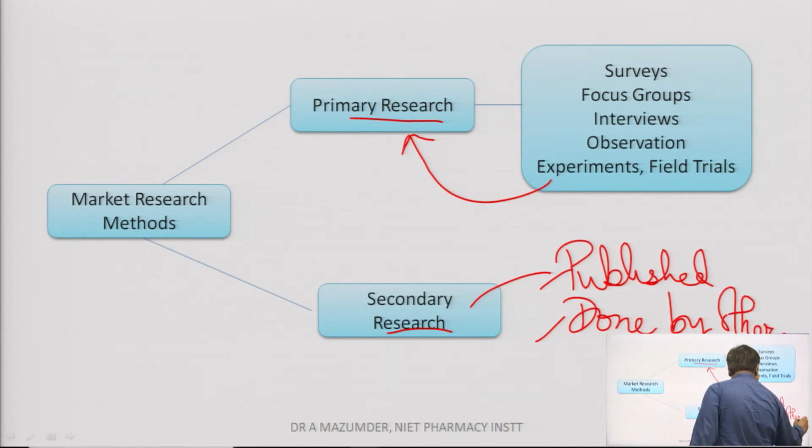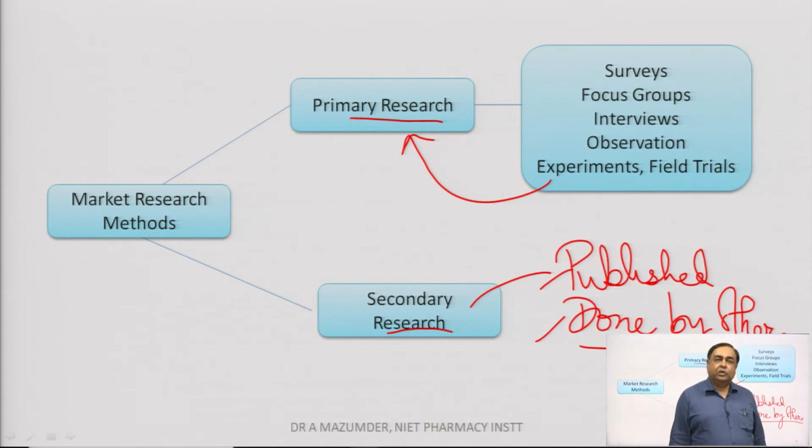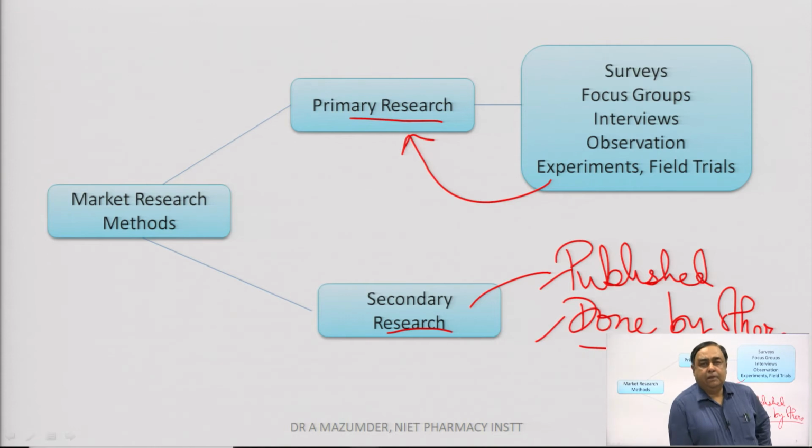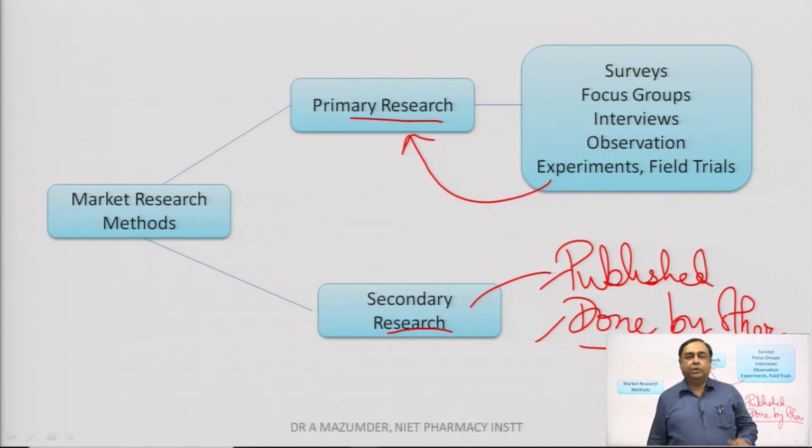All published information in journals, websites, books, they are all secondary data. Primary data, because you yourself are collecting it, is much more authentic, much more reliable as compared to secondary data.